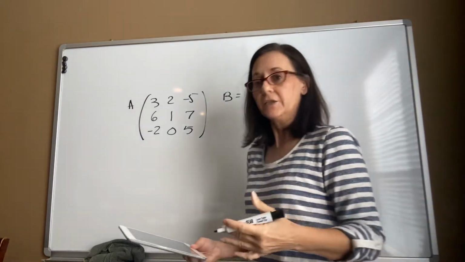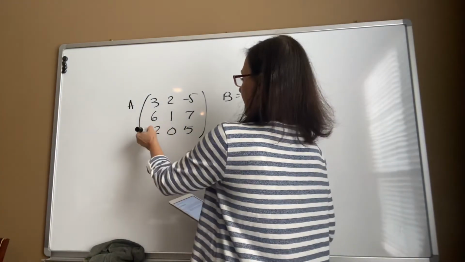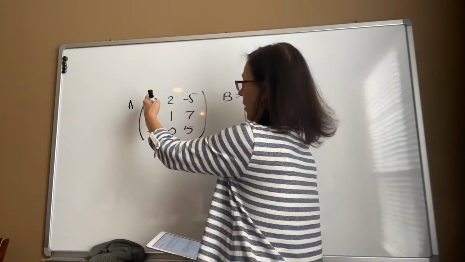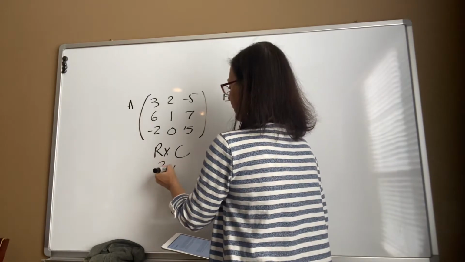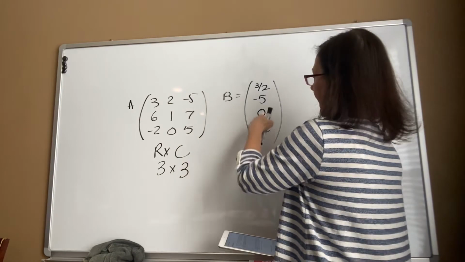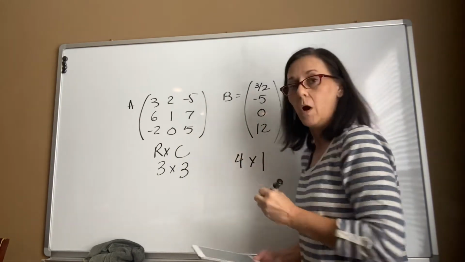So what are the dimensions of these matrices? It's always row by column. The number of rows by the number of columns. So this would be a 3 by 3. All right? And this would be a 4 by 1.